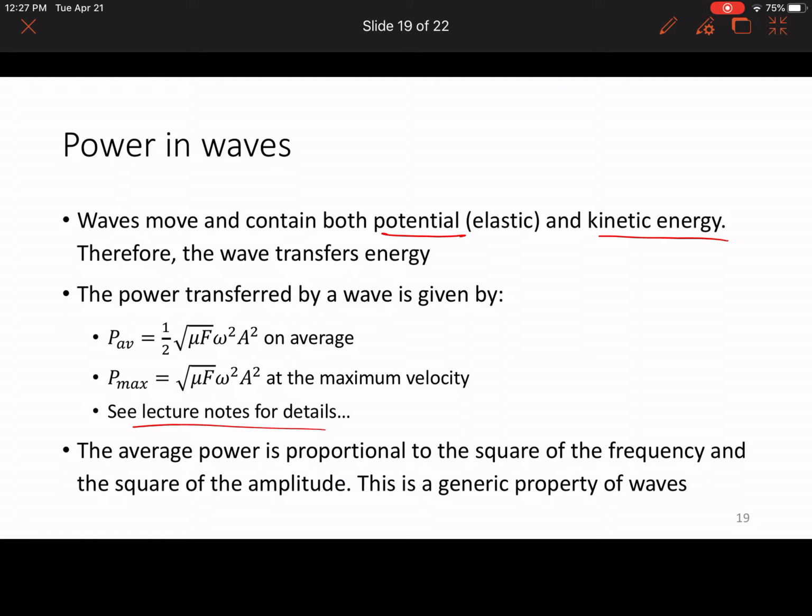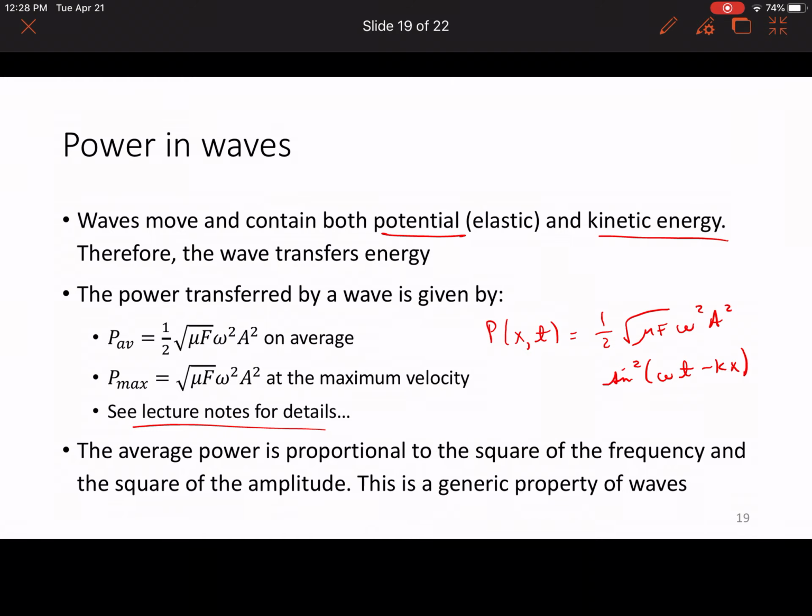The thing that you do need to know is that for waves on a string, the actual amount of power at a given position and a given time is time dependent. The formula, which I will derive after class, is square root of mu F omega squared A squared times sine squared of omega t minus kx.